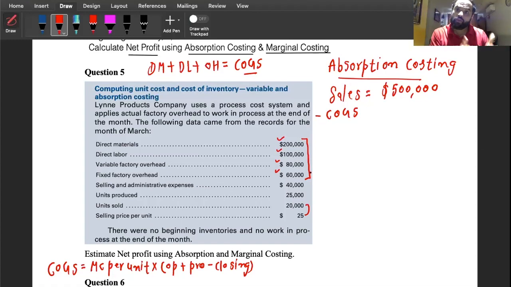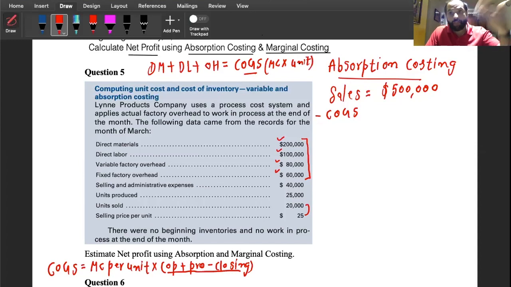If per unit information is given and you have to find units, per unit multiplied by number of units. So manufacturing cost per unit multiplied by number of units is cost of goods sold, right?